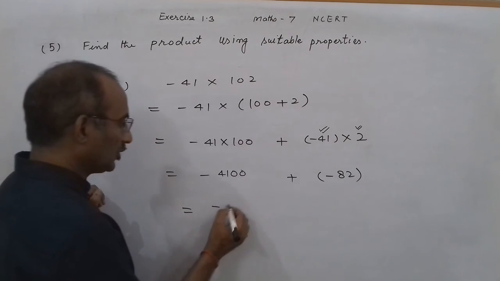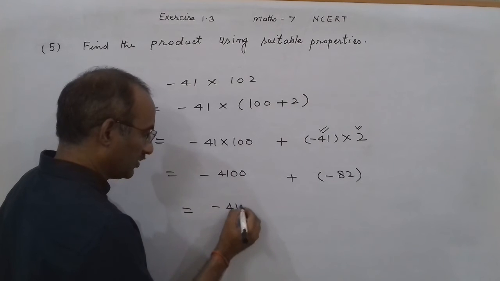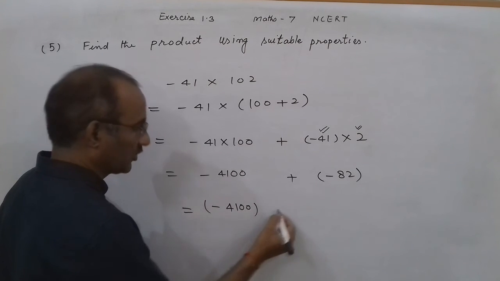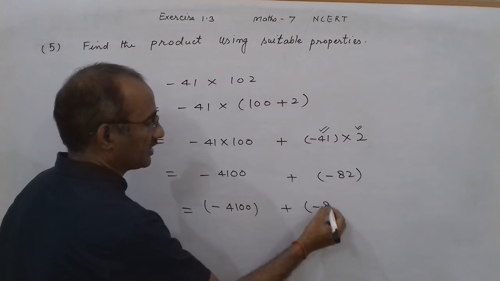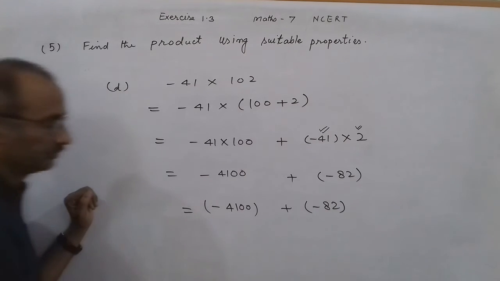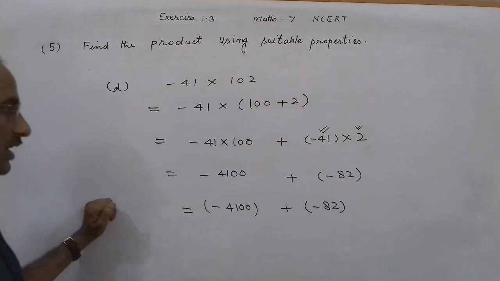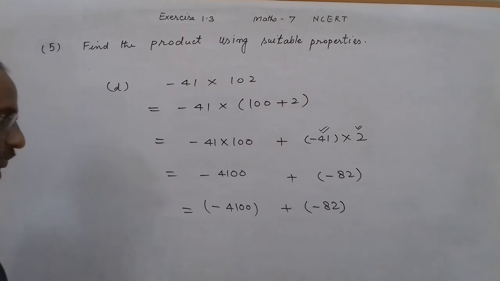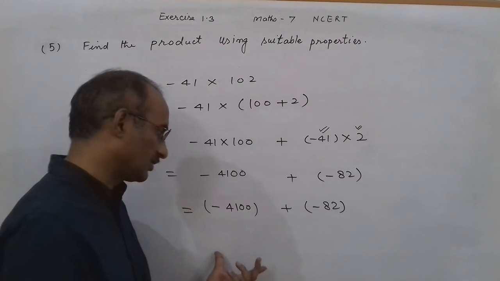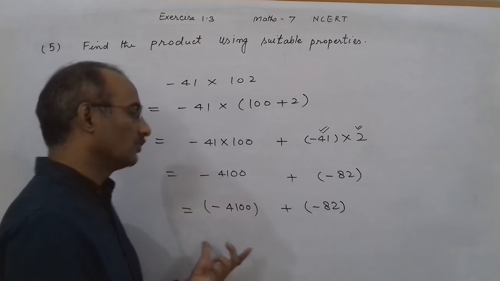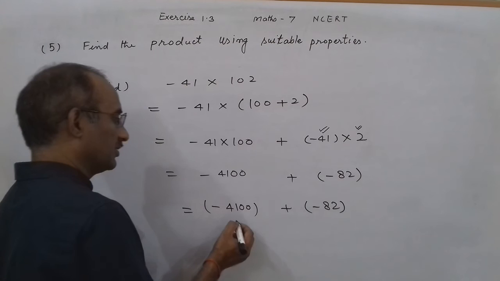Now minus 4100 added with minus 82. As we have studied, to find the sum of two negative integers, we add both the negative integers.